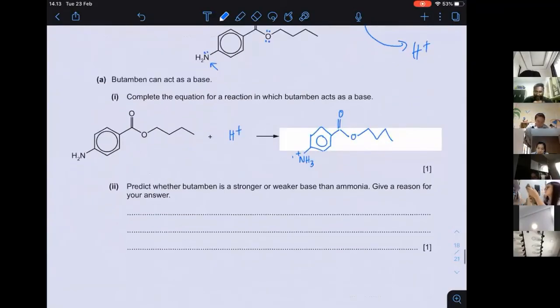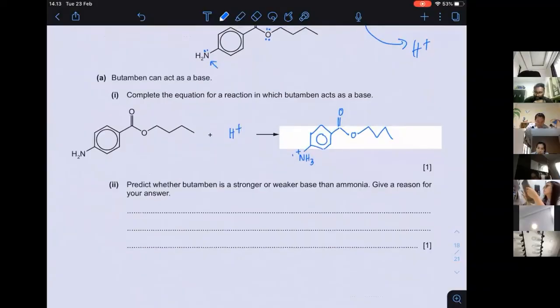Now predict whether butanban is a stronger or weaker base. Jody, do you think butanban is a stronger or weaker base than ammonia? Weaker. Why? The nitrogen overlaps with the benzene ring, so it is less able to accept a proton.